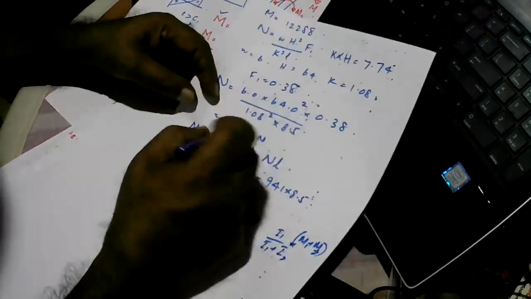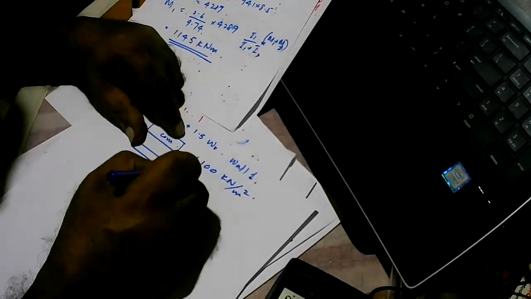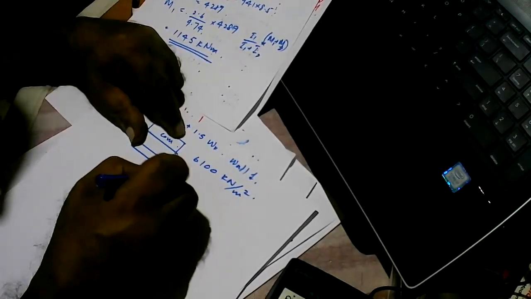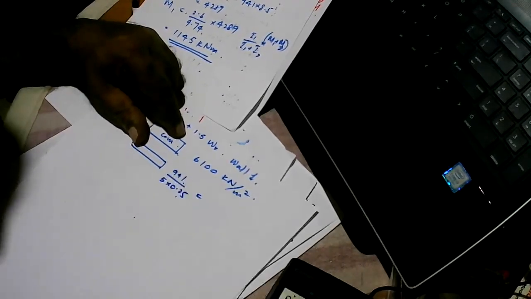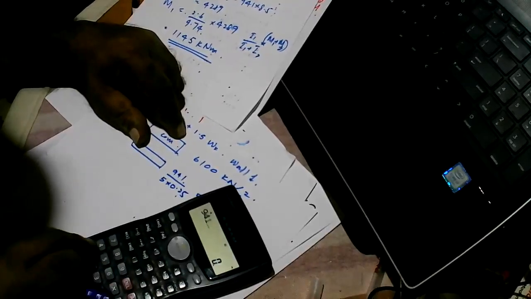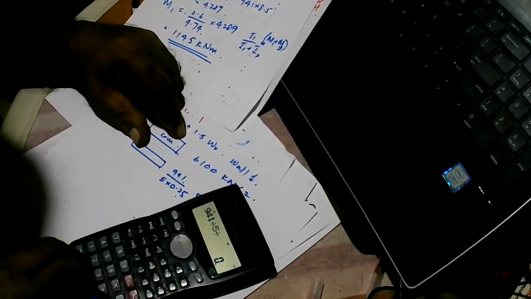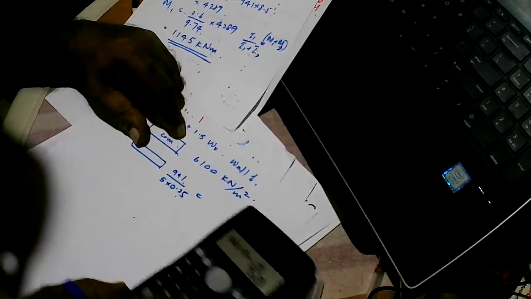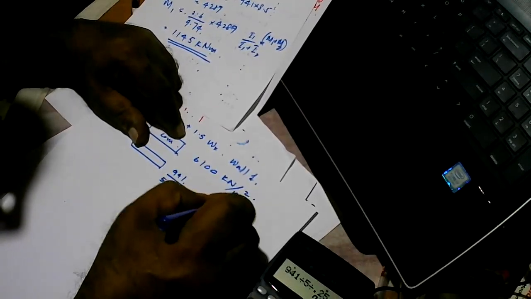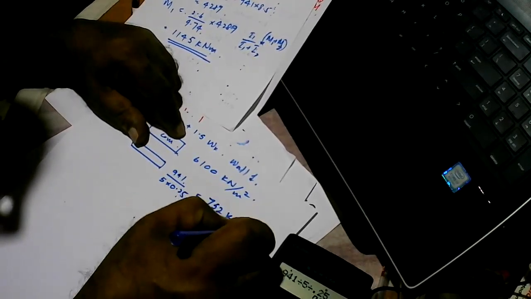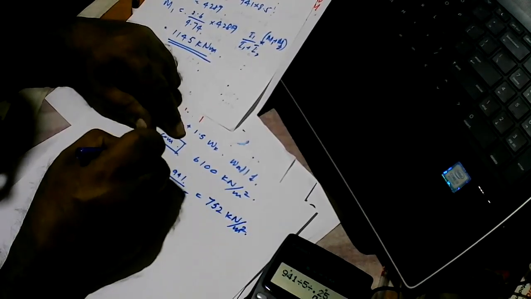So here you get 941 divided by 5 divided by 0.25, giving 752 kilonewtons per meter squared. And this is in tension.